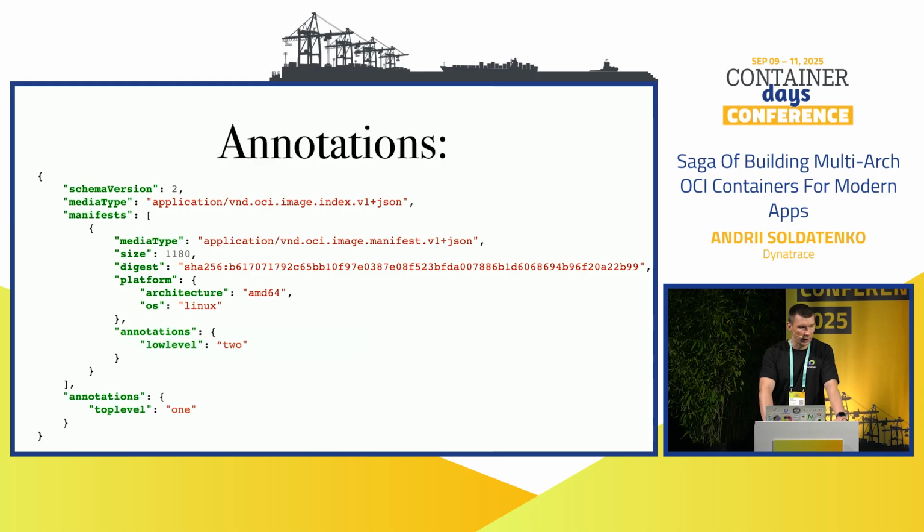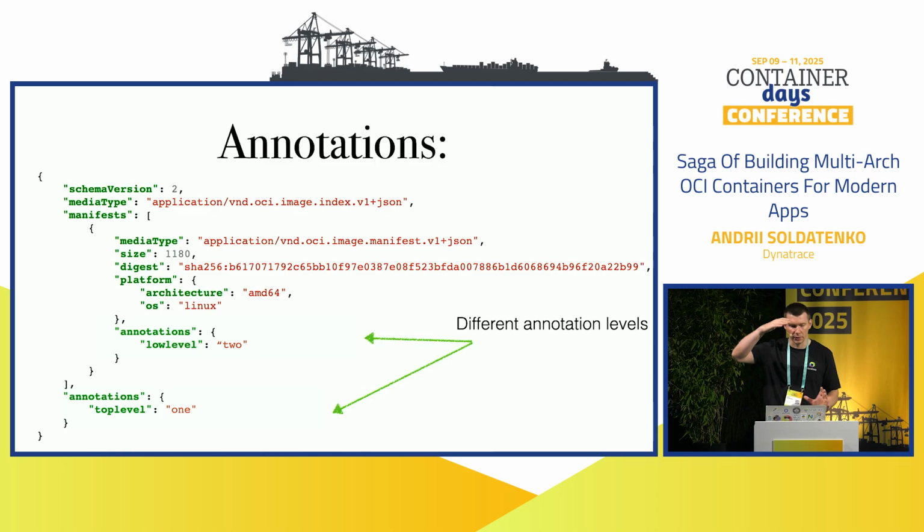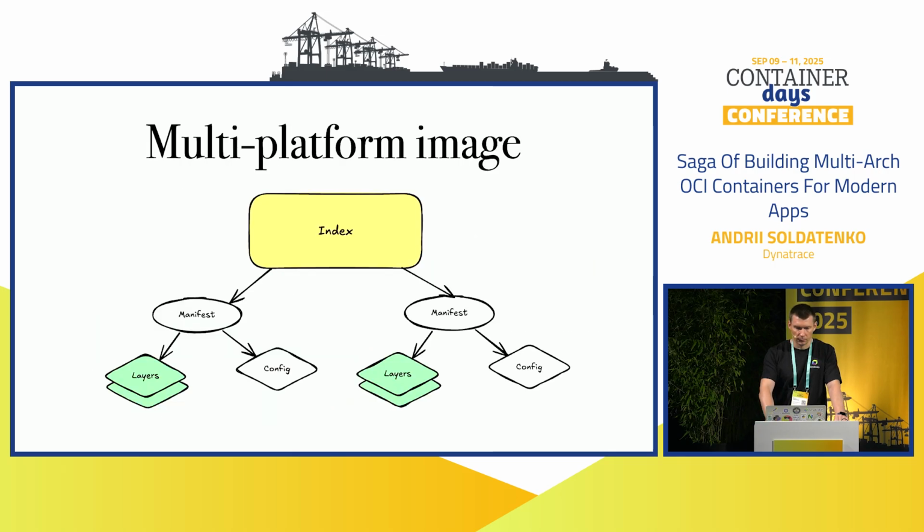Here I'm adding, and also you can add different levels of annotations. You can annotate the entire manifest or the entire index, or you can annotate per platform, let's call it, per image. So, different layers.